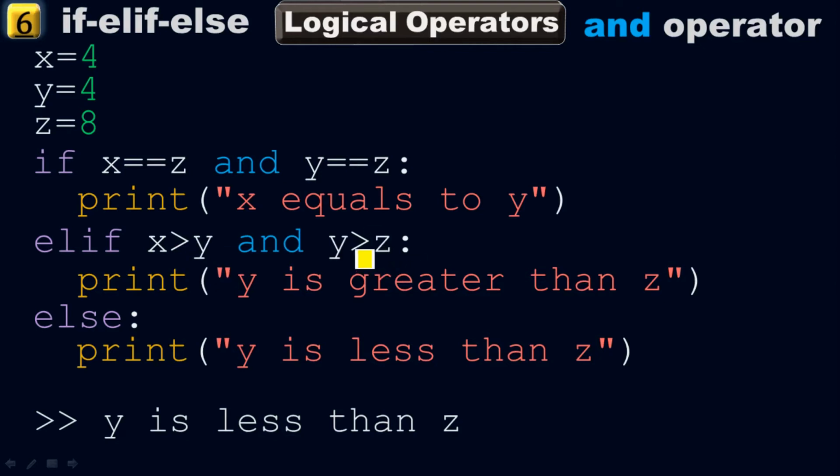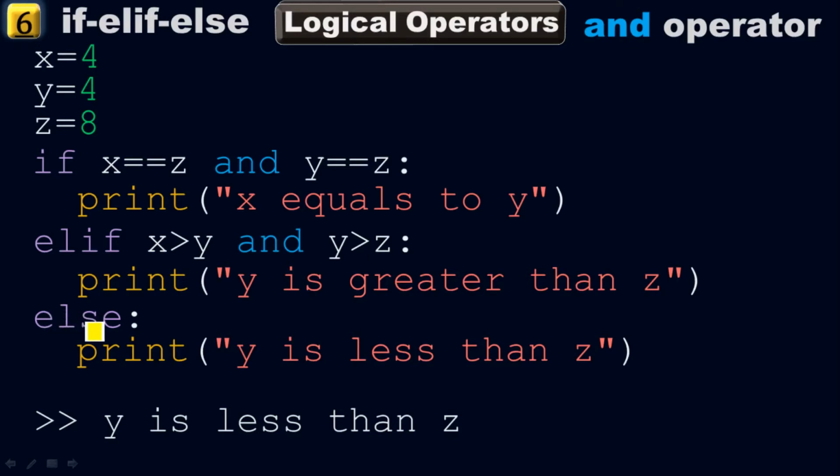What about the second term here, y is greater than z? y is 4 and z is 8. y is less than z. 4 is less than 8, not greater than 8. Therefore, the second term is also not satisfied. So both of the statements are false. They are not satisfied. Therefore, the program will ignore the second option as well.